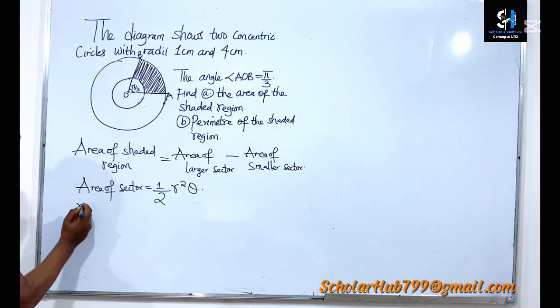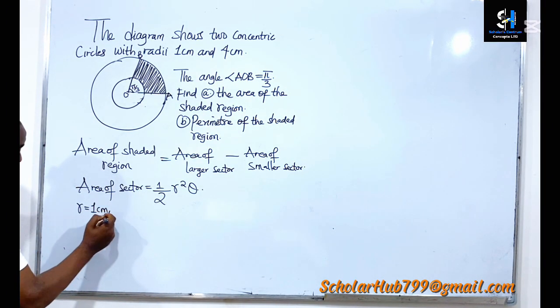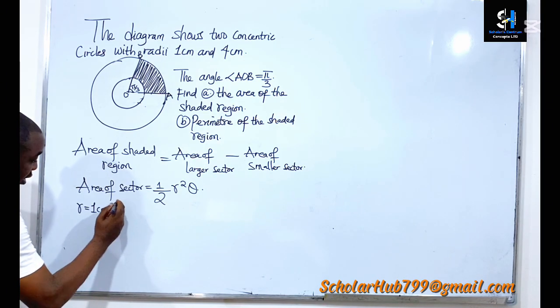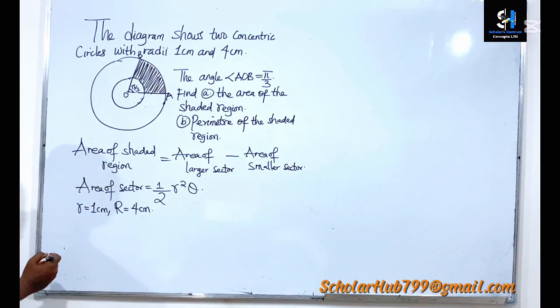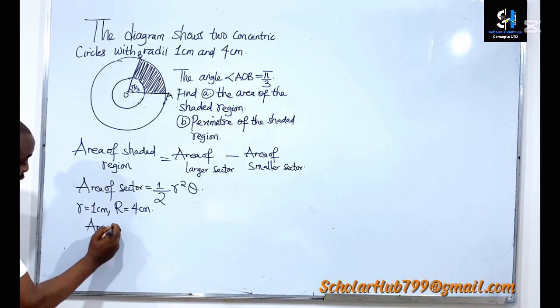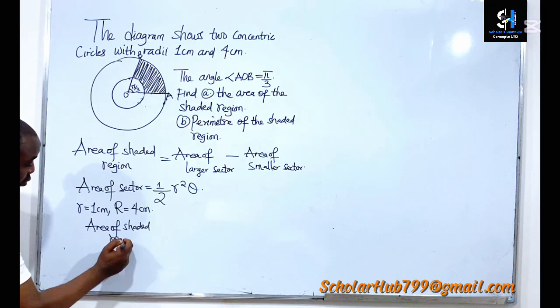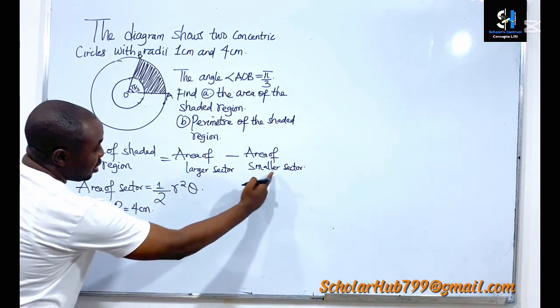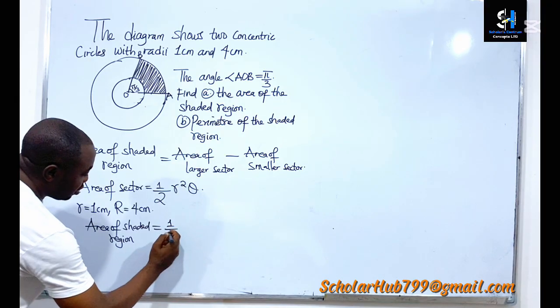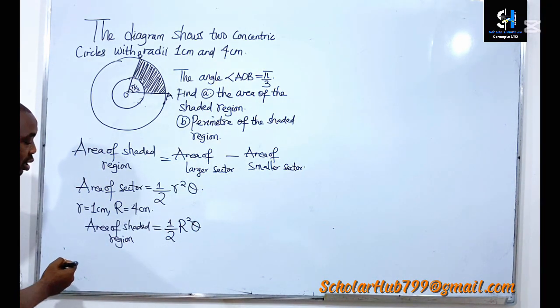The radius of the smaller sector is 1 centimeter, and that of the larger sector is 4 centimeters. So the area of the shaded region, which is the area of the larger sector minus the area of the smaller sector, will be 1/2 of r squared times the central angle.